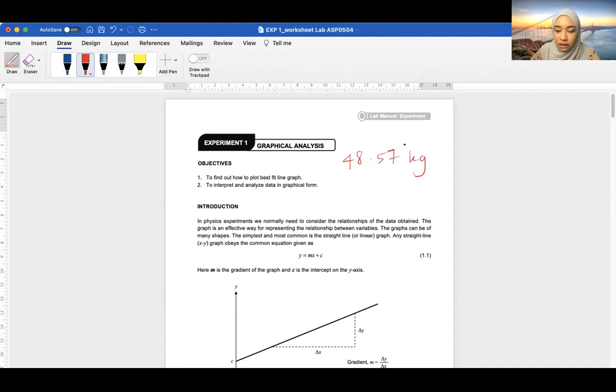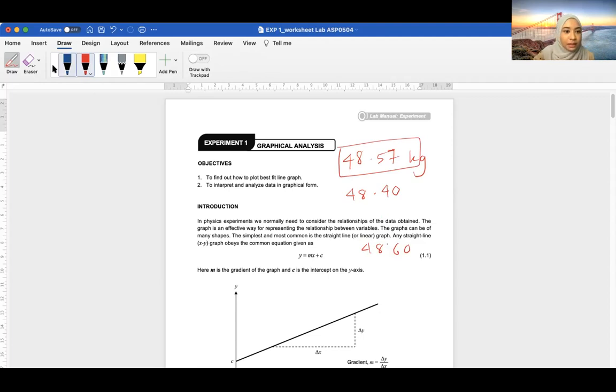And because I measured it like this, if my weight fluctuates, it can fluctuate from 48.40 to 48.6. So I fluctuate between 48.4 to 48.6. But right now, what I'm reading on the scale is 48.57.